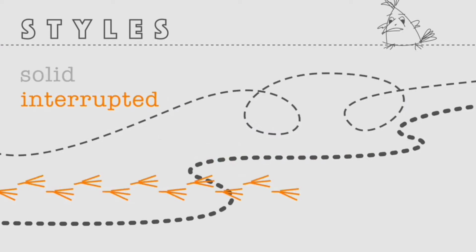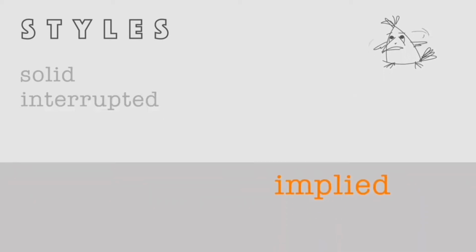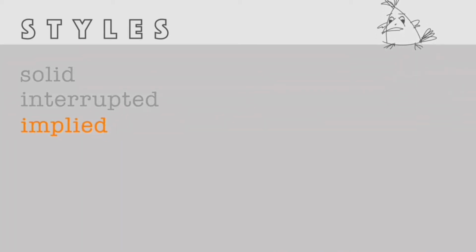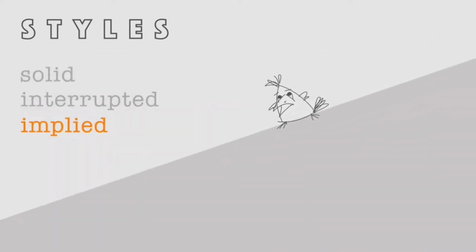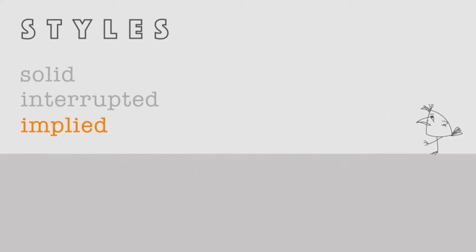Number 3 is implied lines. These lines are not actually drawn, but you can see them between different lines for a sudden change in their characteristics. An example is the horizon line. And finally, number 4 is psychological line.